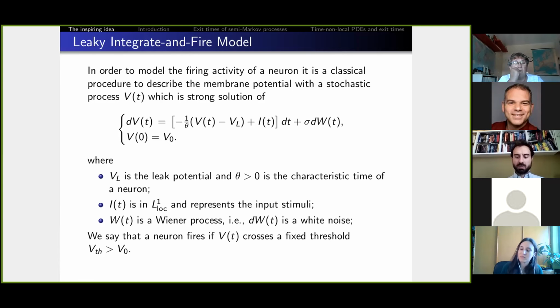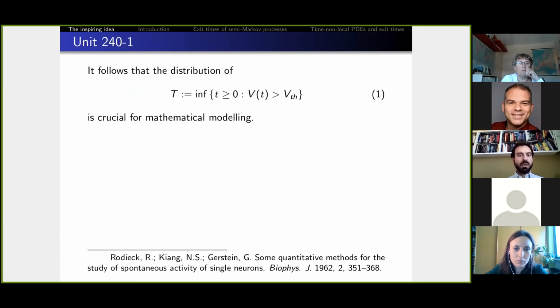But we focus in this talk only on the first part, and the classical approaches are applicable to what I'm saying now. So it is clear that in this framework, the distribution of the first time the process crosses the threshold is crucial.